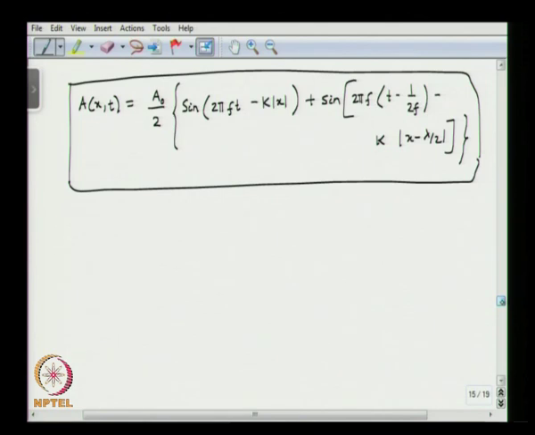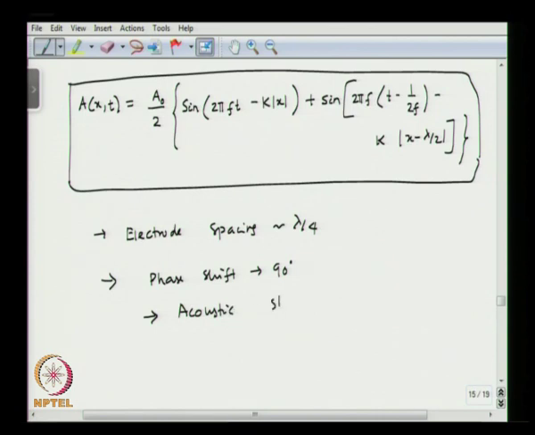And in a case where this gap is lambda by 4 instead of lambda by 2, let us say the electrode spacing is lambda by 4, then the phase shift is going to be 90 degrees, and in that case the acoustic streaming will be unidirectional.